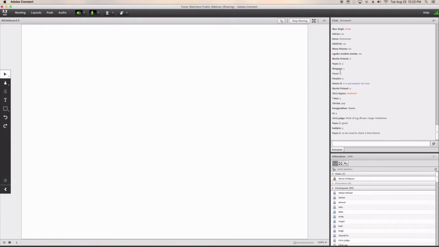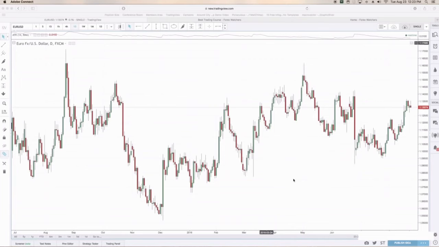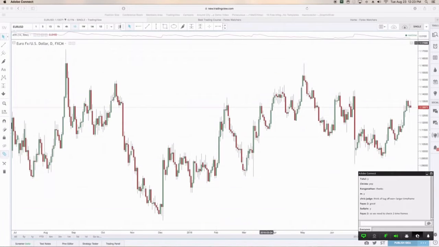My screen. Okay, charts visible. All right, good. Let's take a look at some stuff here. Now, I can actually take a screenshot.